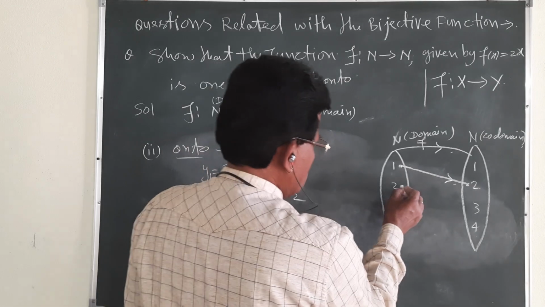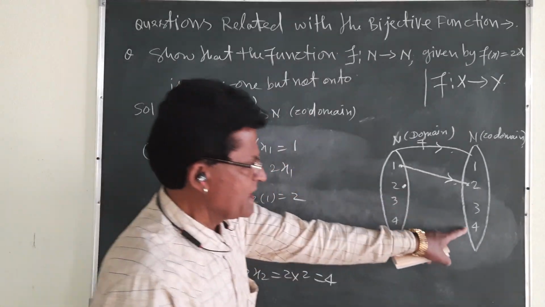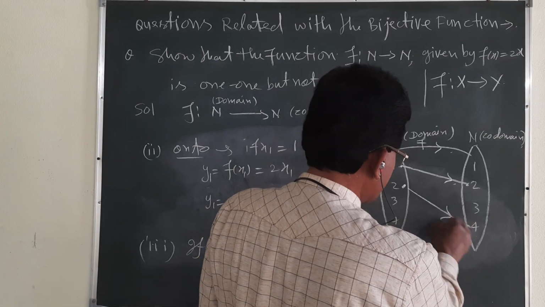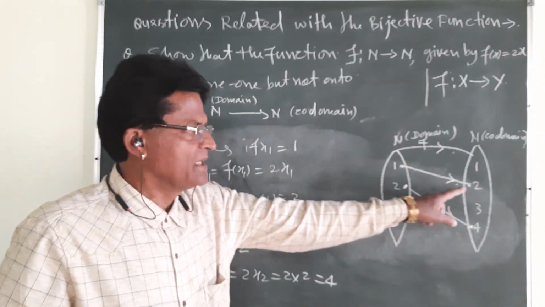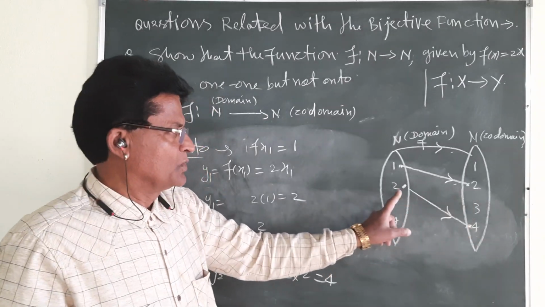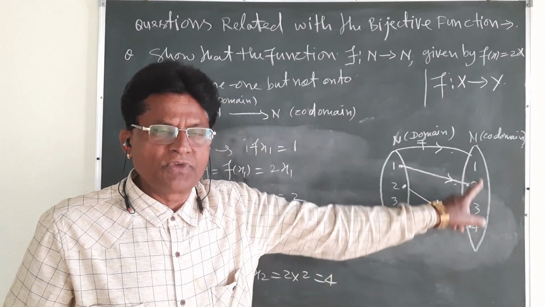Means 2, which belongs to domain, natural number, forms the image with 4. Dear student, you see, 1 forms the image with 2. 2 in the domain forms the image in the codomain with 4.